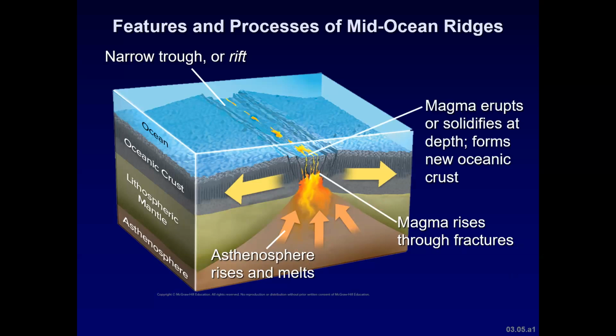Some magma does erupt onto the seafloor, and some solidifies at depth and forms new oceanic crust. The ridge is higher than the normal seafloor because rocks are hot and dense and the lithosphere is thinner in that part.